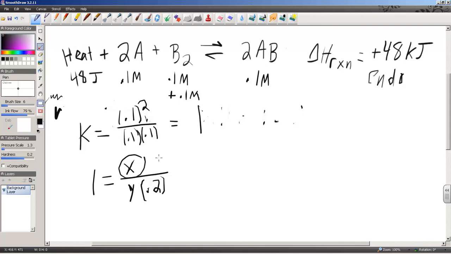It has got to get greater than 0.1, and Y has got to shrink. It's got to be less than 0.1.